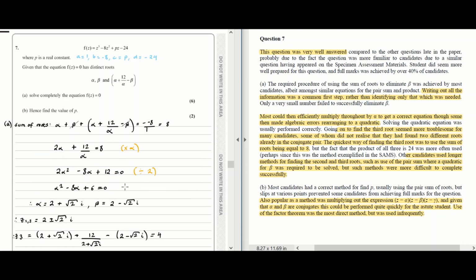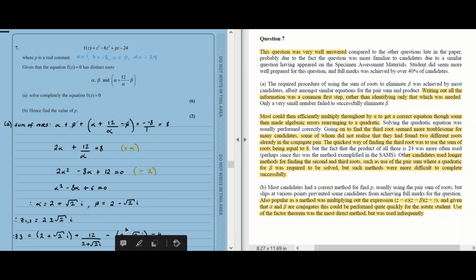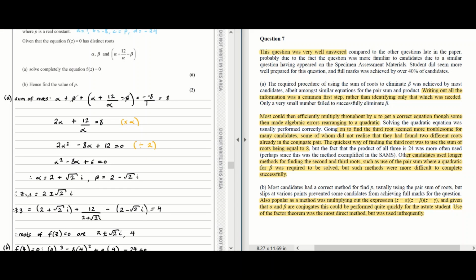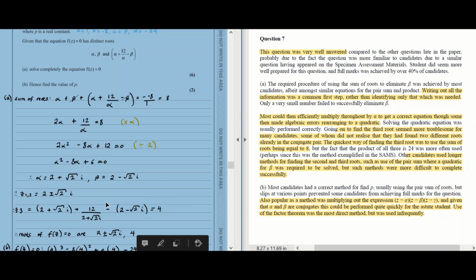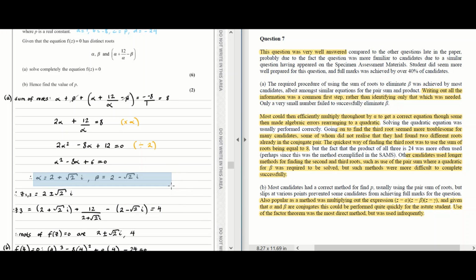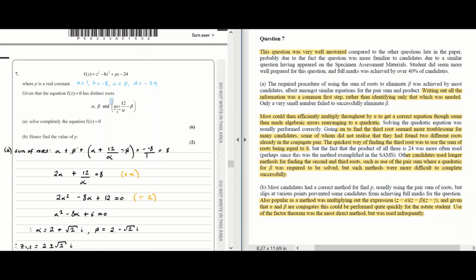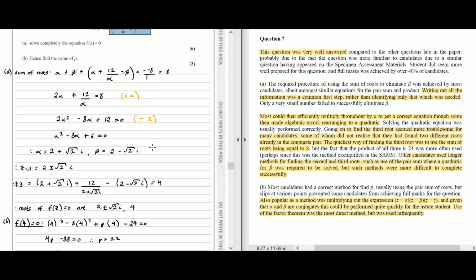But they failed to realize what to do with the two roots they found, and what we mean by that is they failed to find the third root. Because you've got your roots in complex conjugate pairs, finding the third root's easy. You just substitute that back into here. Other people found a longer method.